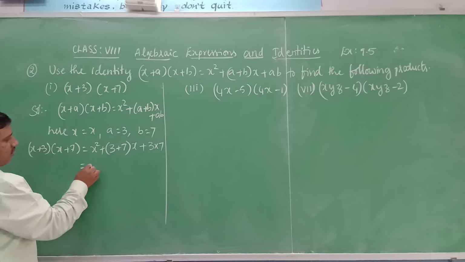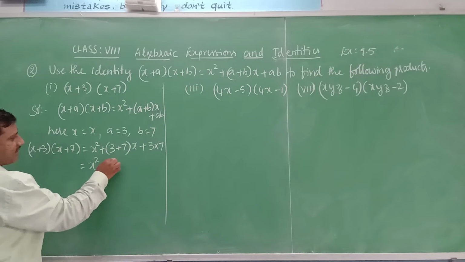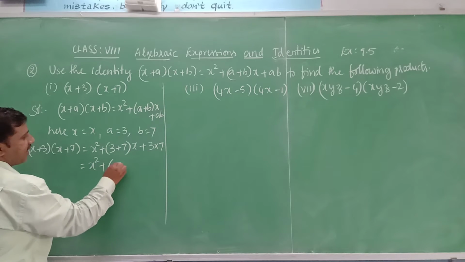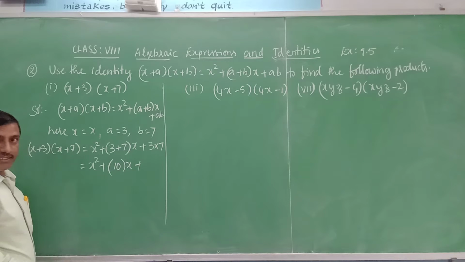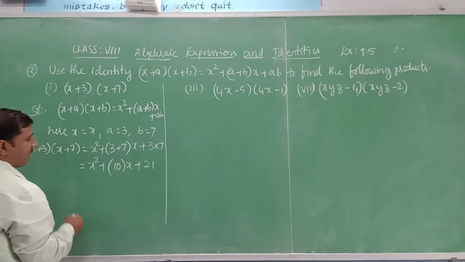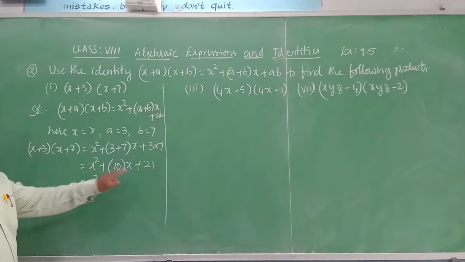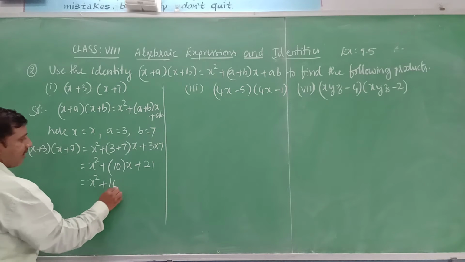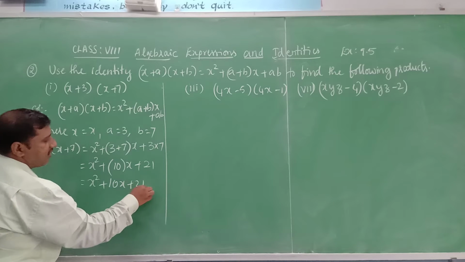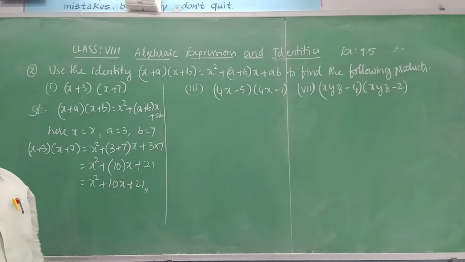That is equals to x square plus 3 plus 7, 10, into x plus 3 into 7, it is 21. Now x square plus 10x plus 21. So like this we can find the product of x plus 3 into x plus 7.